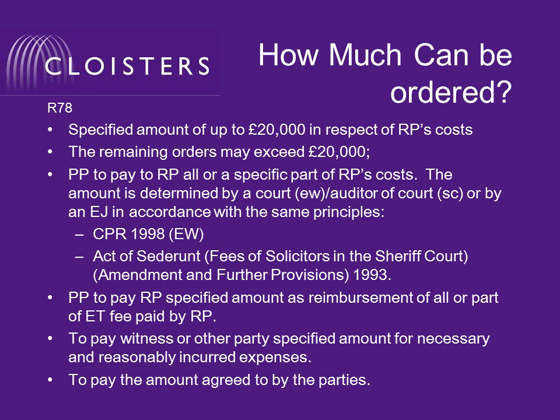I want to turn next to how much can be ordered. The tribunal can order a specified amount of up to £20,000 in terms of costs. Now, all the other aspects of the amount that can be ordered can exceed £20,000.